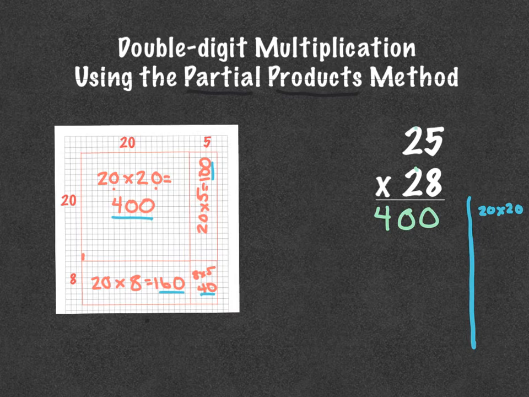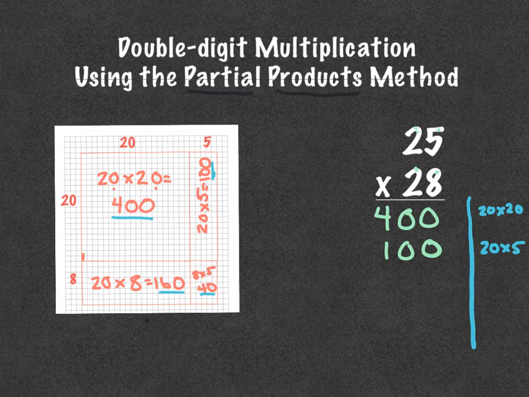Then the next thing we're going to do is this 20 times this 5, which is the exact same thing we did over here in our area model. So 20 times 5 is 100. Then we take the 8 and multiply it times each thing up here on the top.